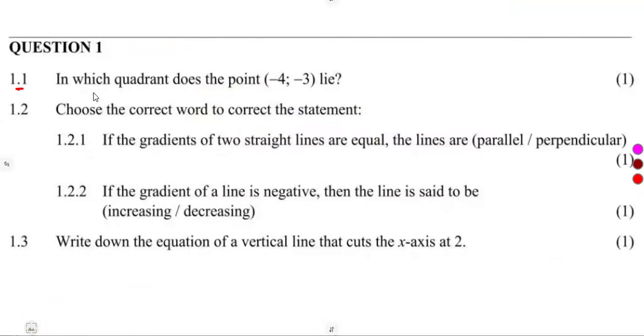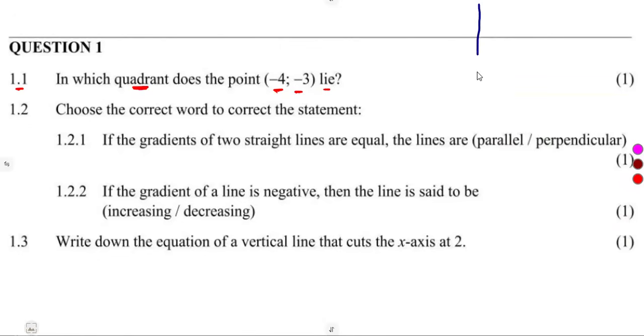1.1: In which quadrant does the point minus 4, minus 3 lie? Where are we going to obtain that point?